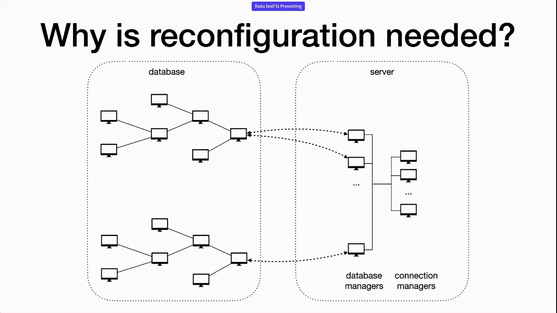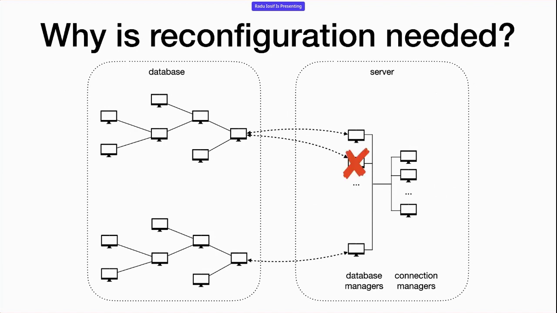In this case, we could imagine a cloud database in which the rightmost part of the figure represents database nodes that contain information, and they are organized hierarchically in graphs. And the left part consists of server nodes that handle connections from outside clients to the database. They relay these connections.